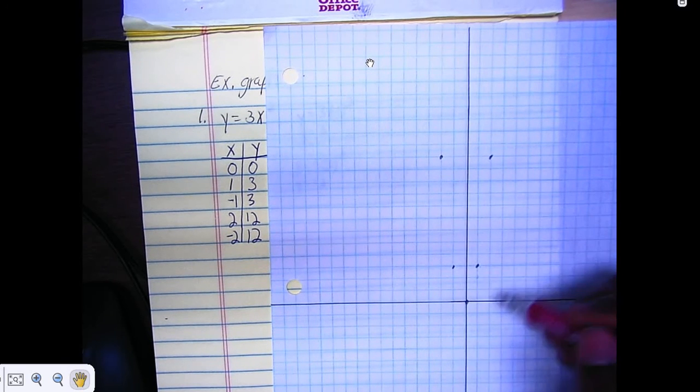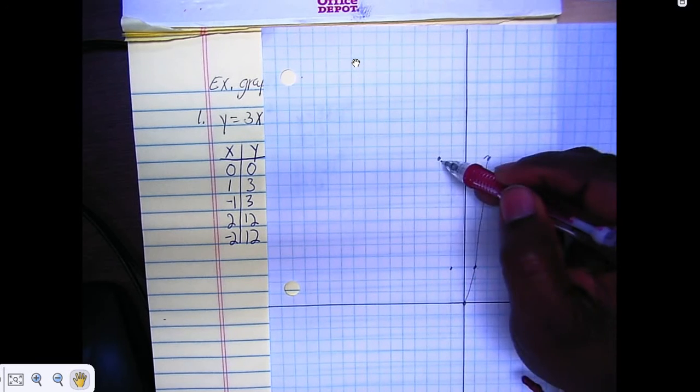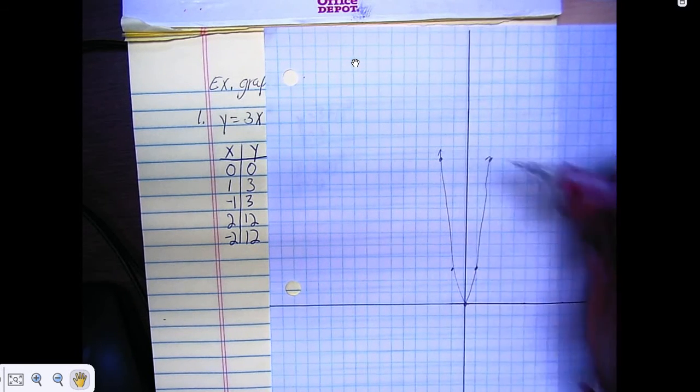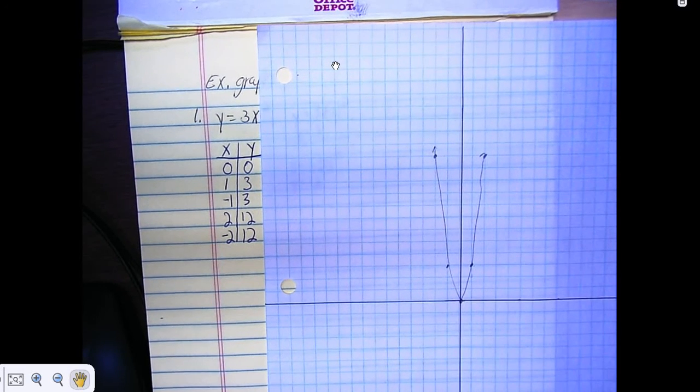Now we can see that this is our parabola right there. Kind of ugly drawing, but that's our parabola.